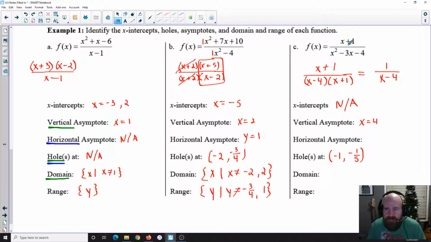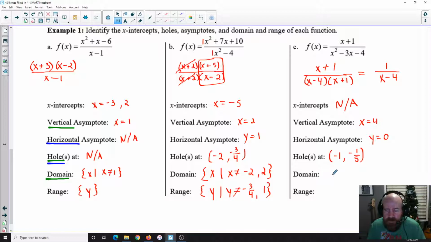Horizontal asymptote, the original equation, top degree is 1, bottom degree is 2, so top is smaller than the bottom. Horizontal asymptote at y equals 0. So we have a horizontal asymptote at the x-intercept. That's why we have no x-intercepts.